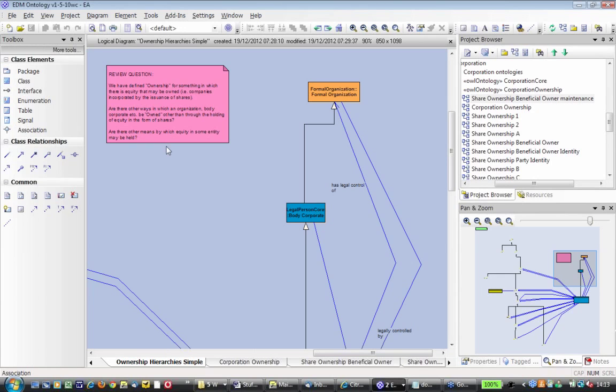But if in fact they're completely synonymous, that equity is what you can own, then what do we call the other kinds of ownership, and what other mechanisms are there for owning a thing other than that thing having shares? So can you own a stake in something which is not itself incorporated by the issuance of shares?